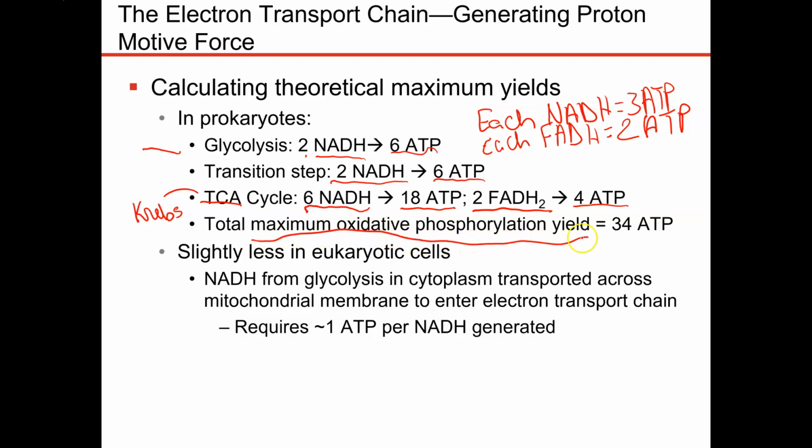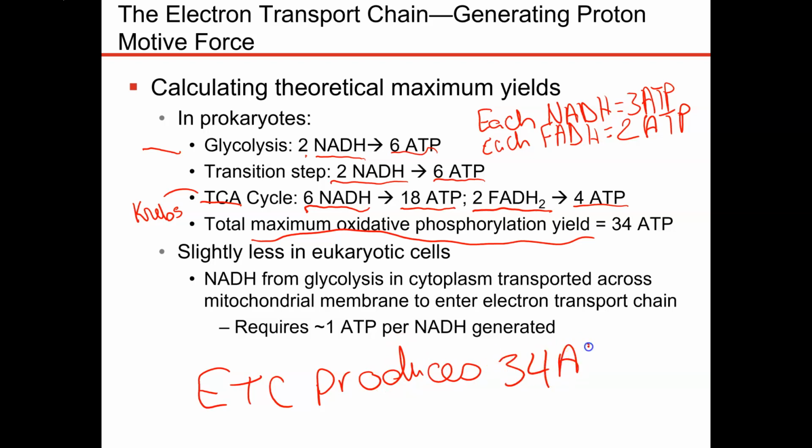This is via oxidative phosphorylation or via the electron transport chain. So the ETC produces 34 ATP as the theoretical maximum, okay?